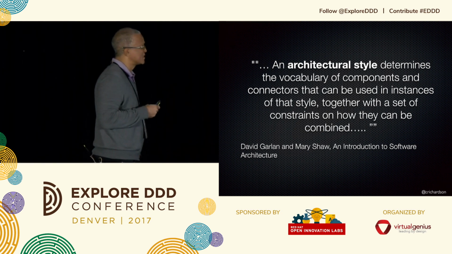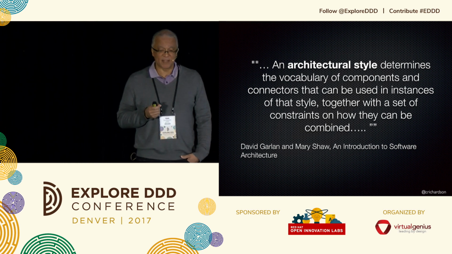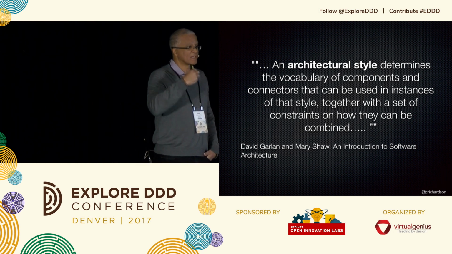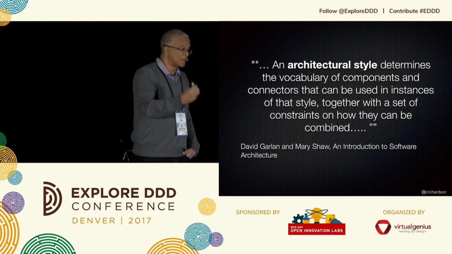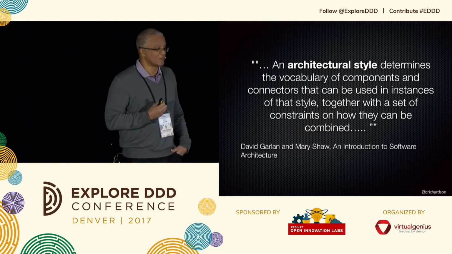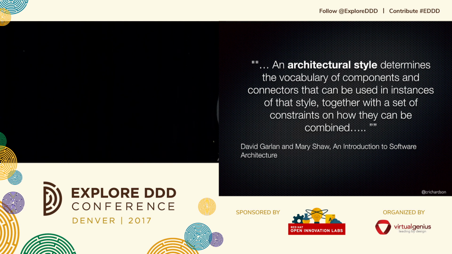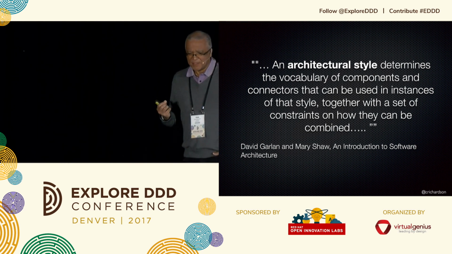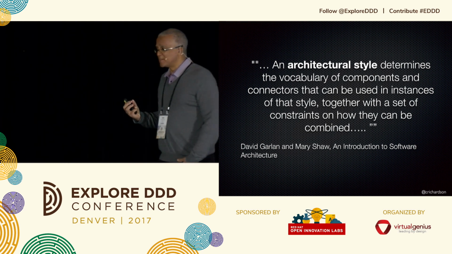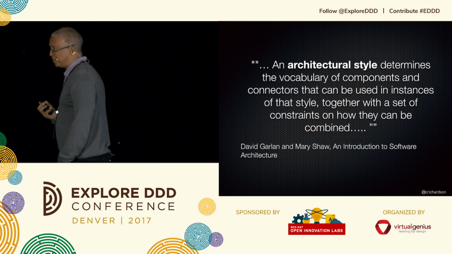Another really useful concept is that of an architectural style. Once again, if you go back to the physical world, buildings come in various styles, right? Victorian, Georgian, Art Deco, and so on. The same is true with software architectures as well.